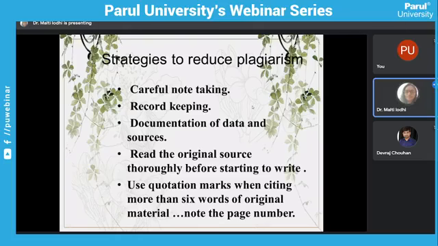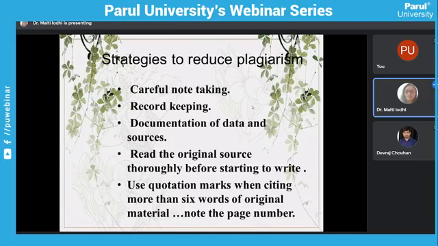Record keeping: you have to keep a record of whatever you have published or disseminated, so you can be answerable for the particular things which have been published. Documentation of data and sources: remember from where you have taken the particular matter which has been published.